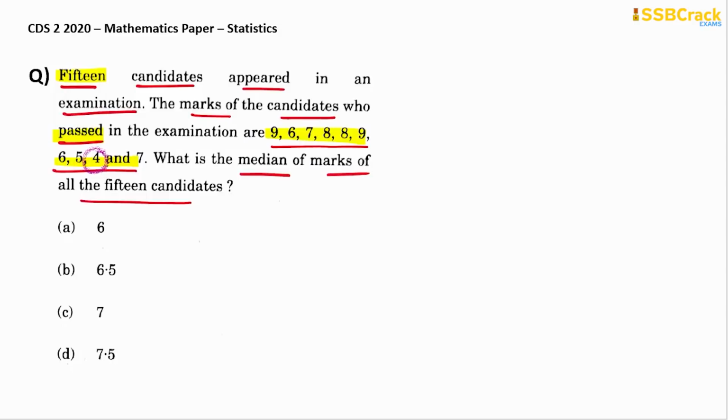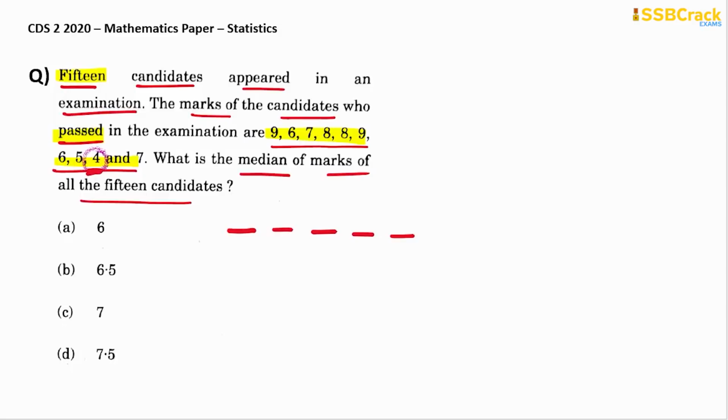So here you have to just leave those 5 places blank initially, because when you have ungrouped data to determine the median, you have to write the data values in ascending order, isn't it? So here the initial 5 values are unknown to us, but we are sure that those are values less than the score 4, which is the least score mentioned for passed students, right?